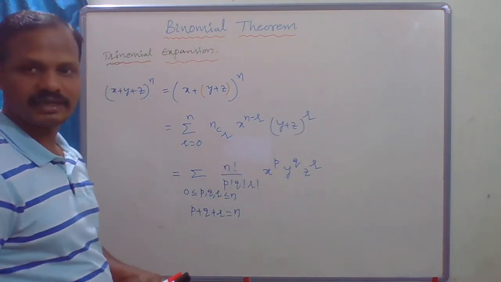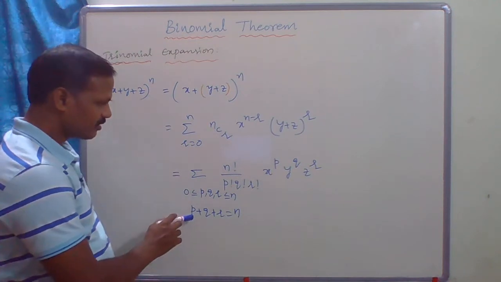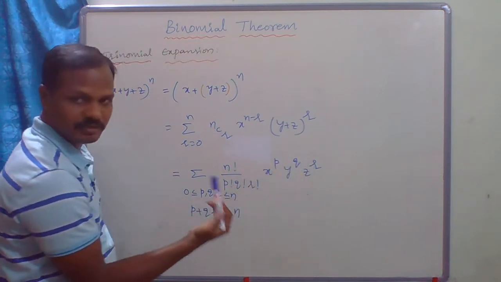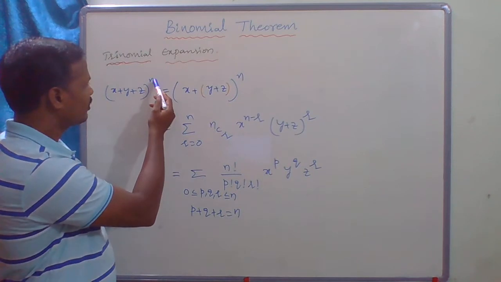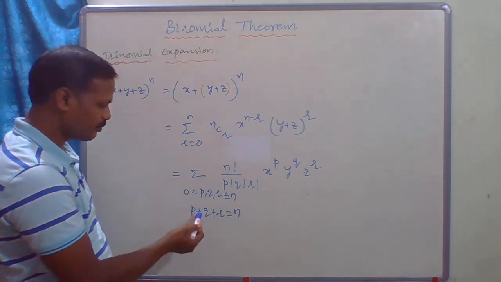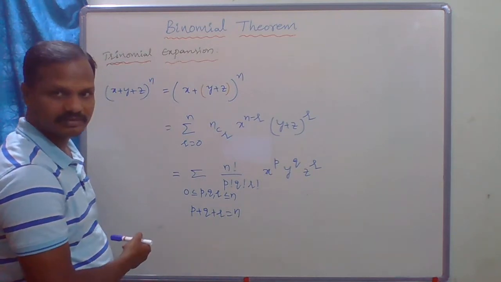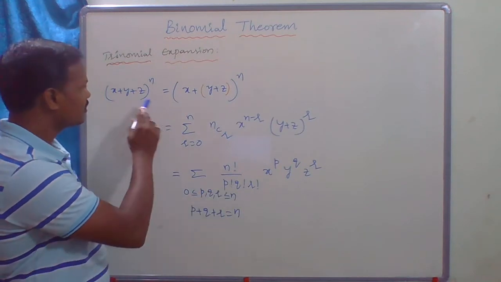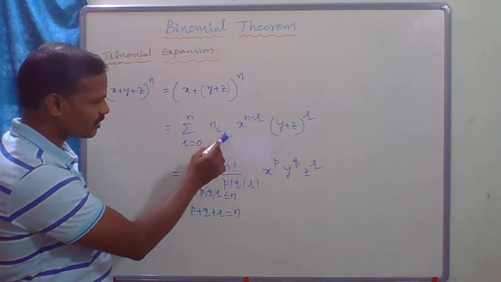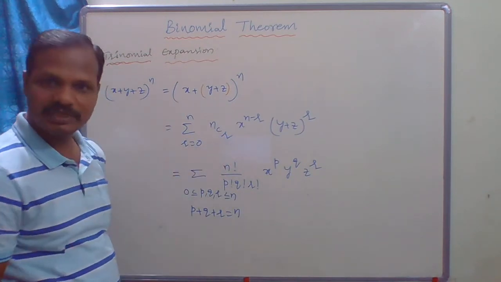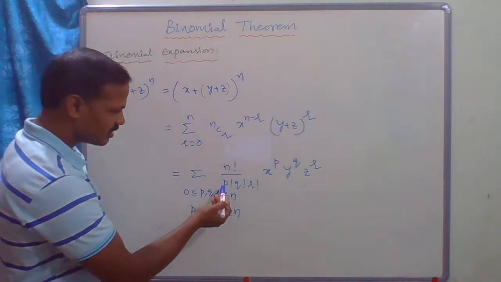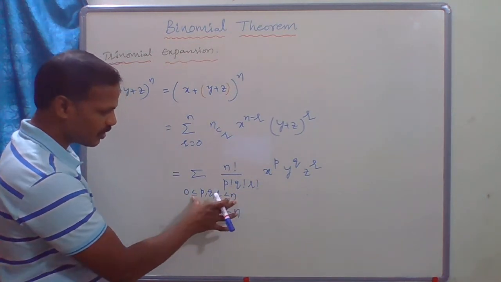So this is the condition. The sum of the exponents must be the power index, and each of p, q, r lies between 0 and n.